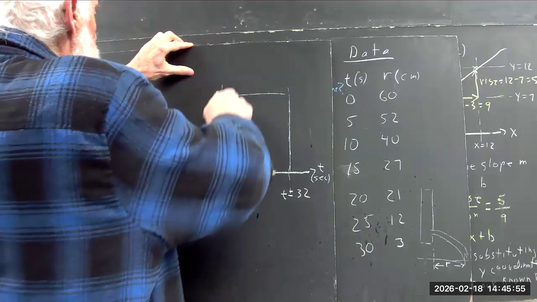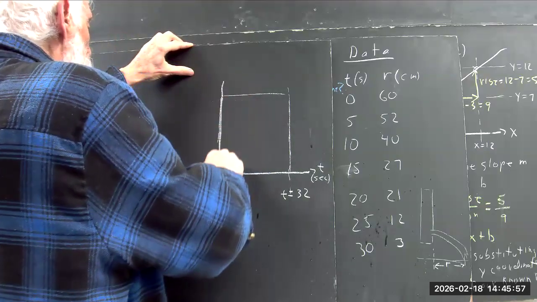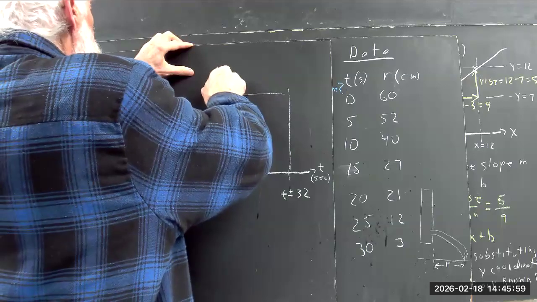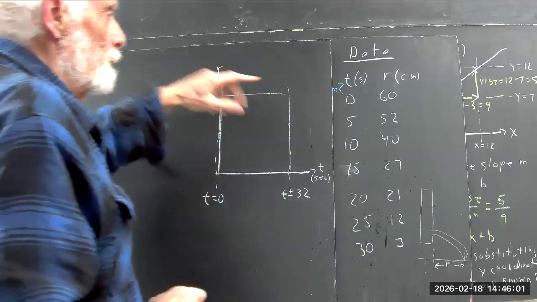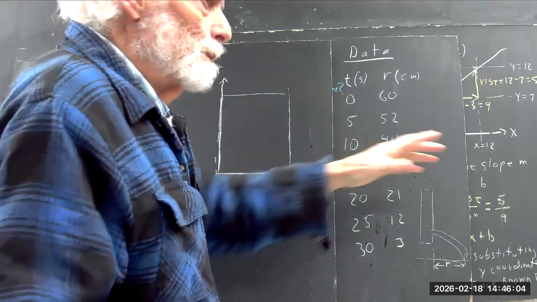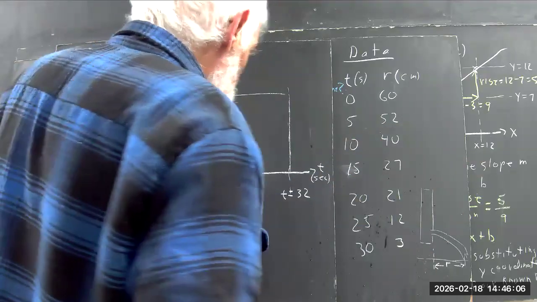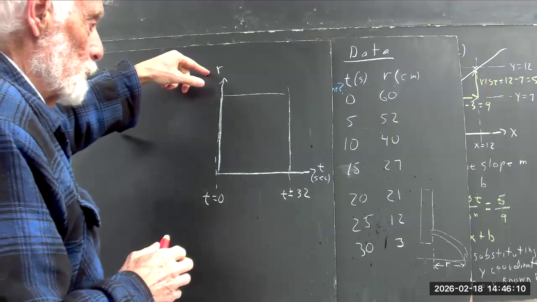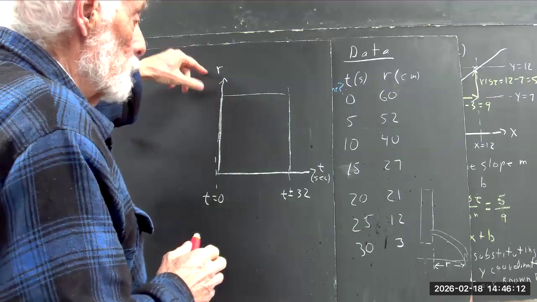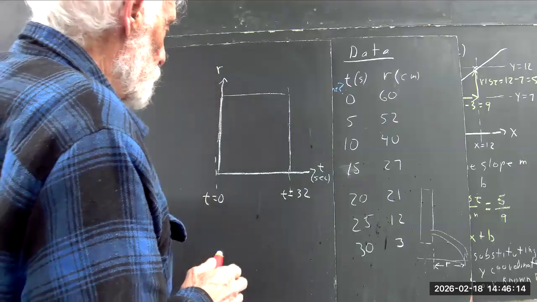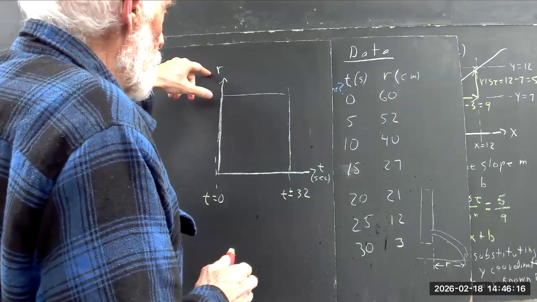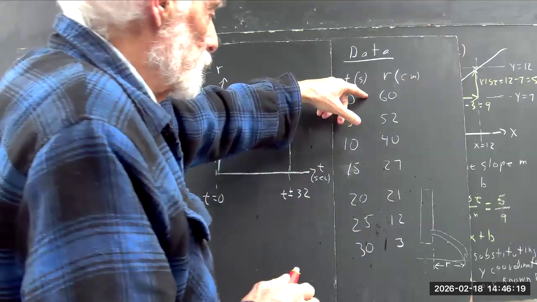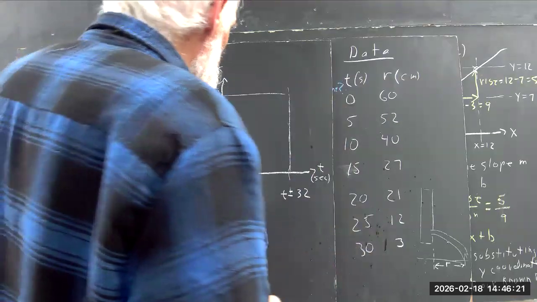Now, in this direction, R stands for range, the horizontal range of the water stream, but it doesn't really matter. That word doesn't matter. We're just going to use R, but the reason I'm using R is because of range. Okay. R can go up to 60 centimeters and it goes down to almost 0.